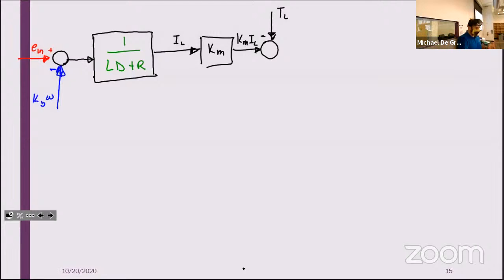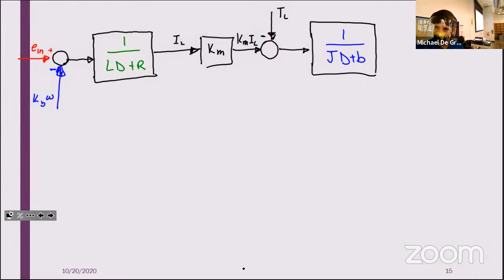The load torque is whatever we have our system connected to, right? It is the inherent torque that is on the motor to start with. So it is an external load that we're putting on here, right? Km IL minus TL, that goes into my transfer function, which is 1 over J D plus B.